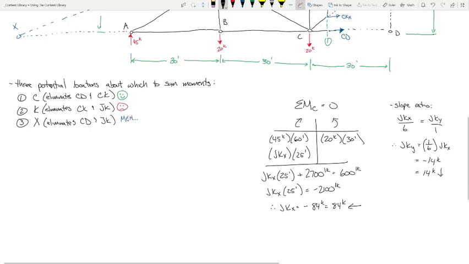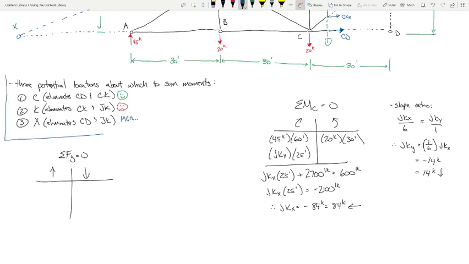Sum forces in the y direction. Okay, so what do I got? I got 45 kips going up, 20 kips going down, 20 kips going down.